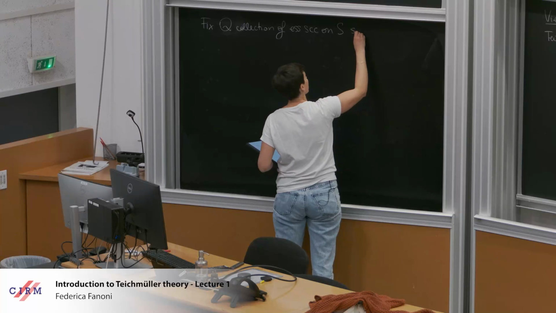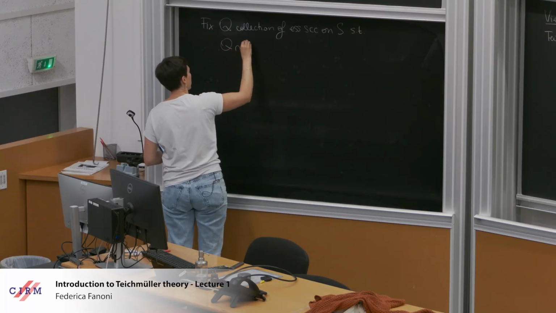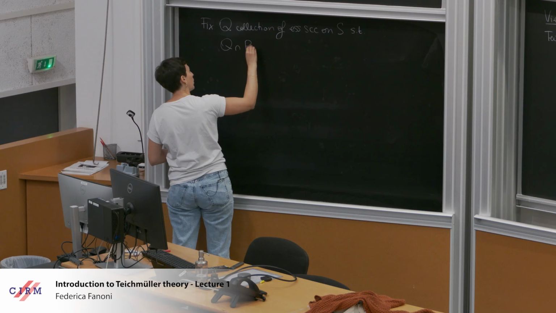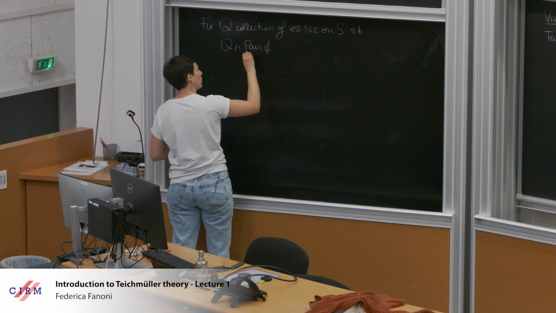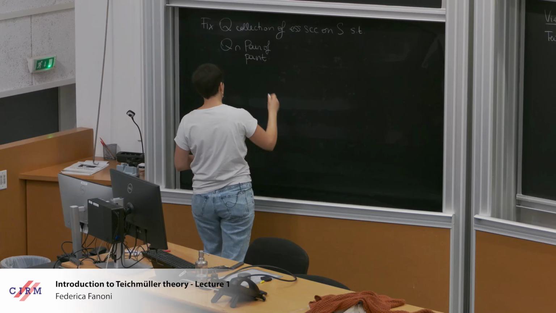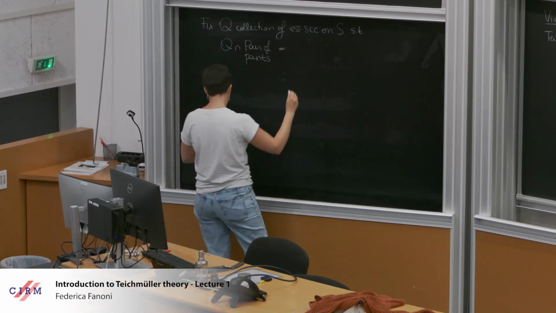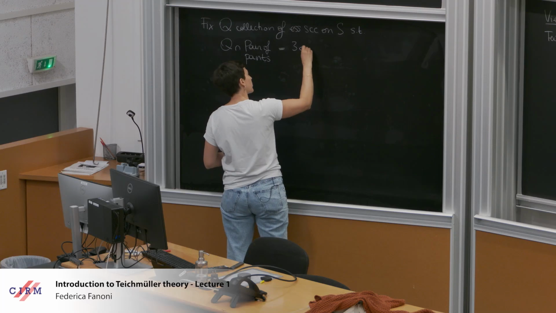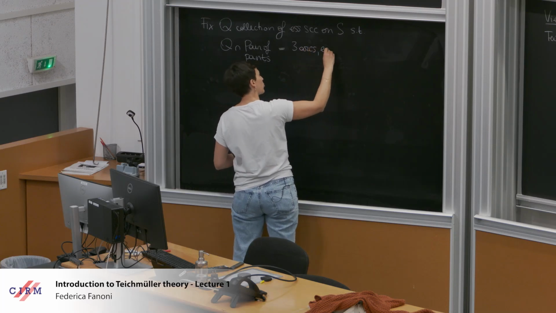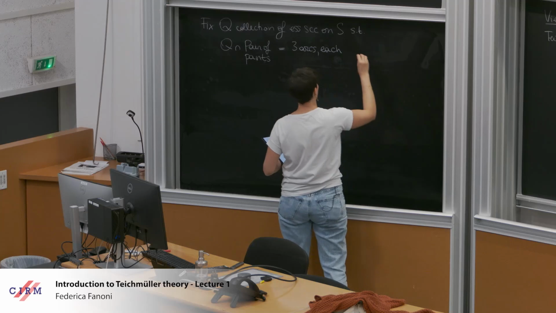So such that every time that I look at Q and intersect it with a pair of pants that I obtain by cutting along P, then this collection is exactly 3 arcs, each connecting 2 different boundary components.